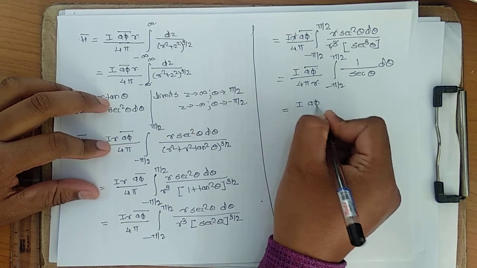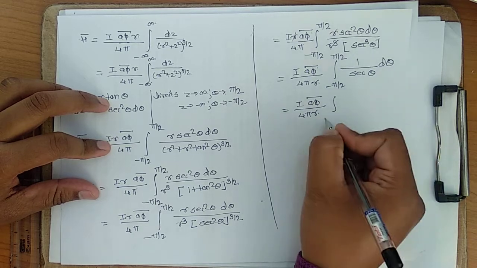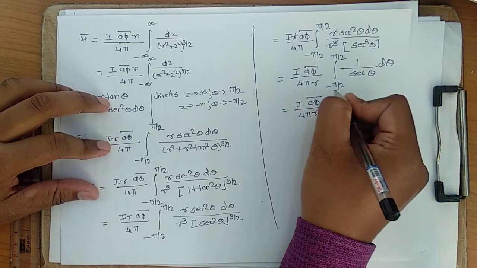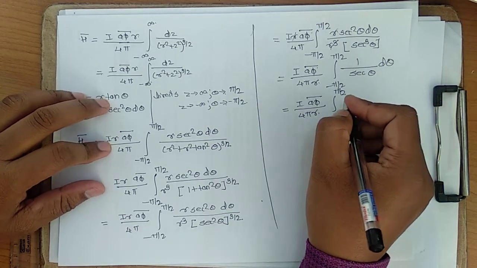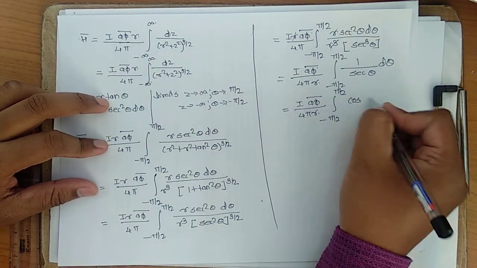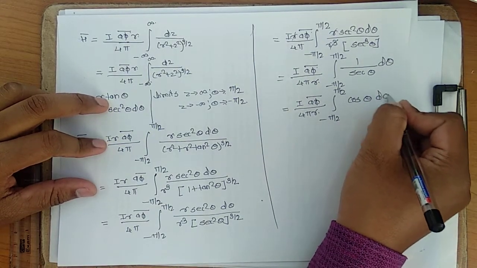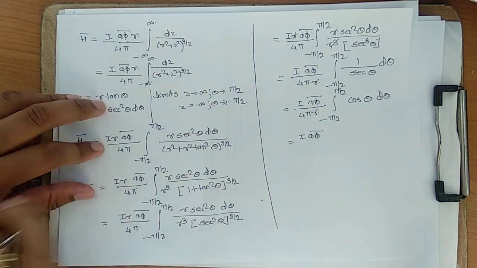I a phi bar divided by 4 pi r, integral from minus pi by 2 to plus pi by 2 of cos theta d theta. So we have to take the integration of cos theta d theta.